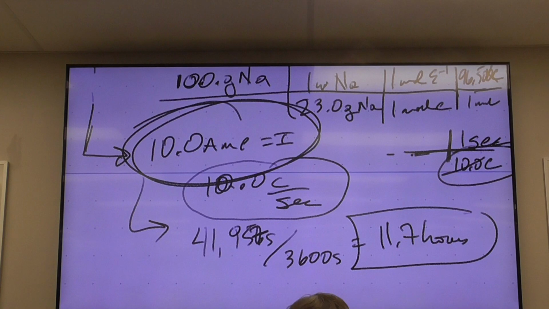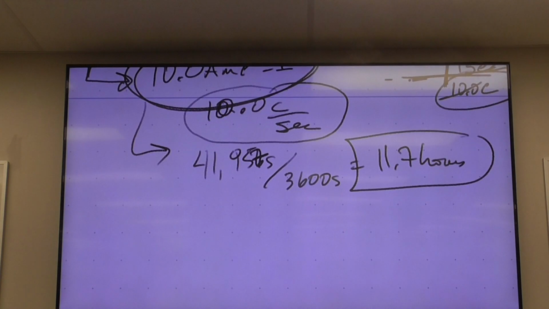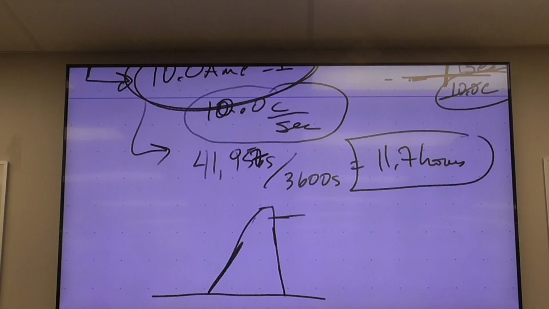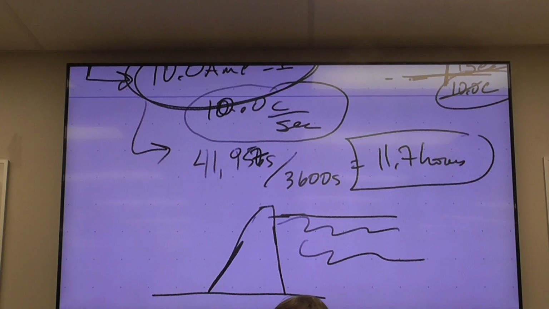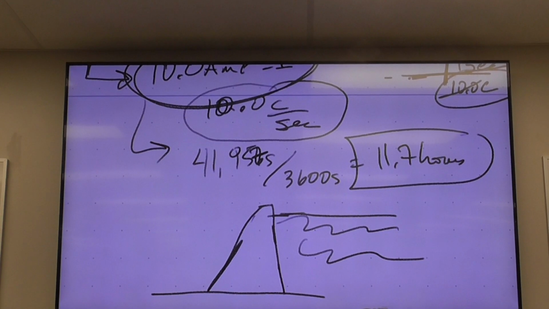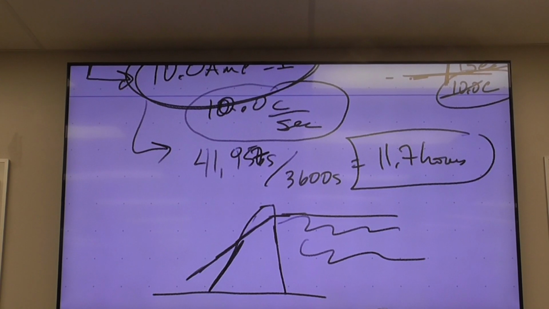So here's the analogy. Let's say that you have water behind a dam. That's like your voltage. And then you have two ways that you can get that water out.